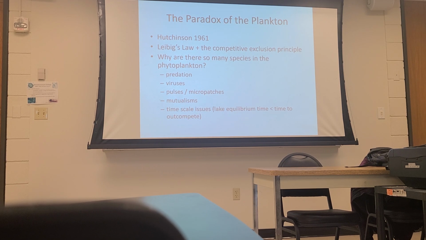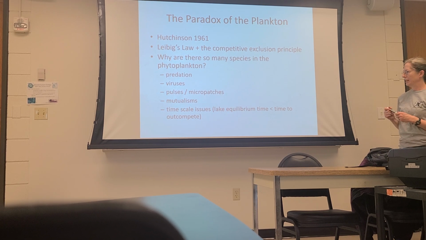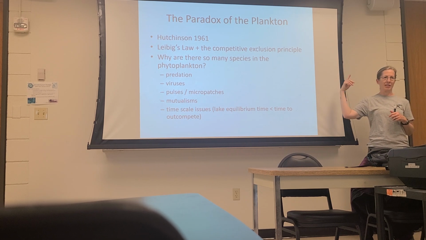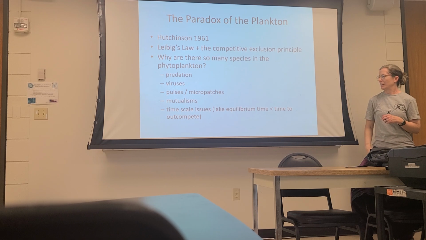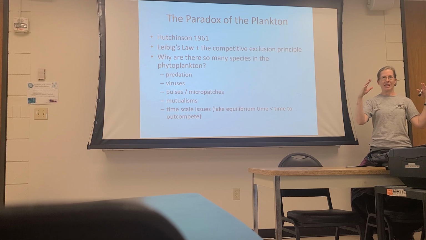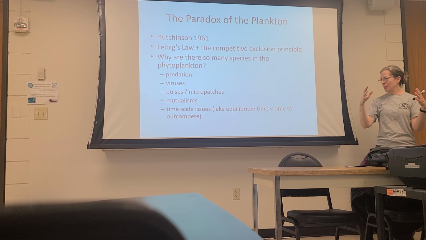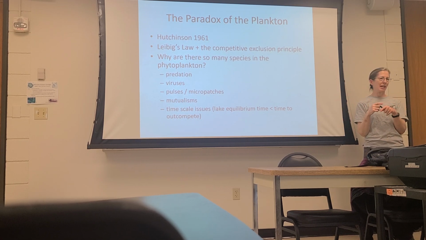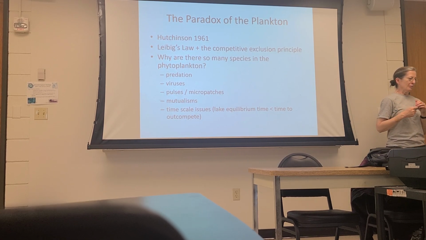And then it may just be a matter of time scale issues. So the seasonal changes in a lake with all the turnover and everything that we talked about, the time it might take for a lake to reach an equilibrium where it's not really changing that much may be much less than the time it would take for organisms to outcompete each other.